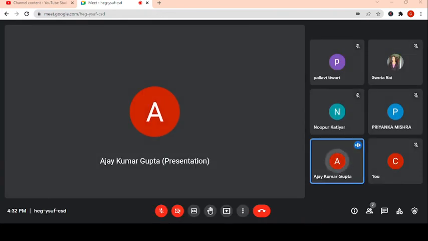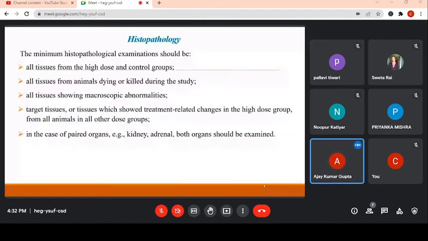In the case of paired organs, kidney, adrenal, both organs should be examined. These are some important histopathological examination criteria.